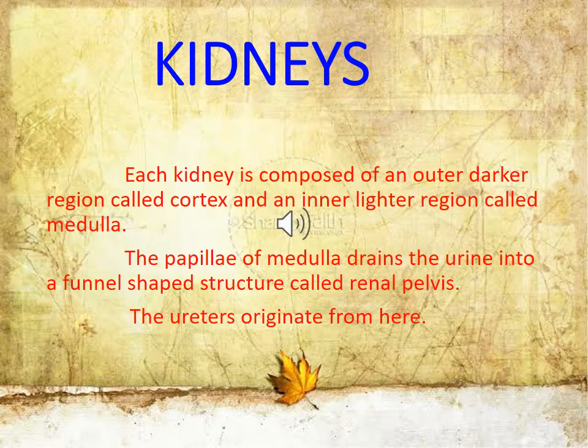And what is the function of those papillae of medulla? The papillae of medulla drains the urine into a funnel shaped structure called renal pelvis. Okay, and the ureters originate from here. So this is the structure of kidney, and you have to learn the structure of kidney with proper diagram.